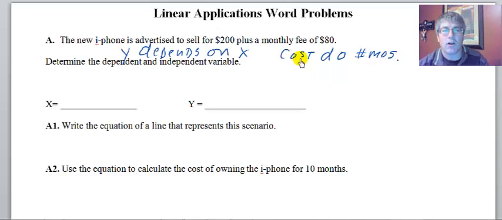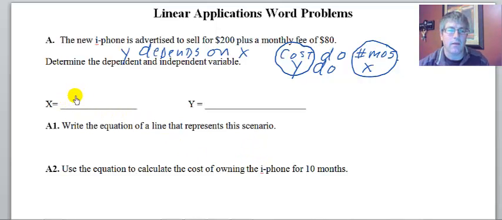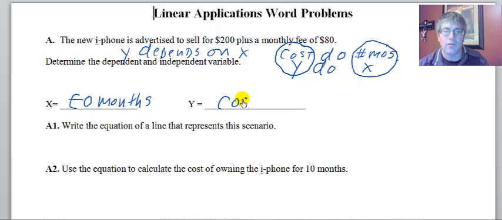Okay, so if our cost depends on the number of months, cost Y depends on X. So now we know that our X is months and our cost of owning the phone is Y. So my independent variable is not cost, it is months, and my dependent variable is cost. Okay? So my cost depends on the number of months.